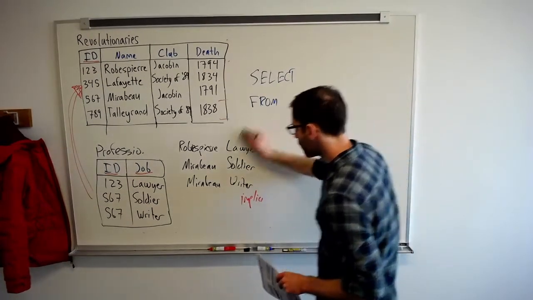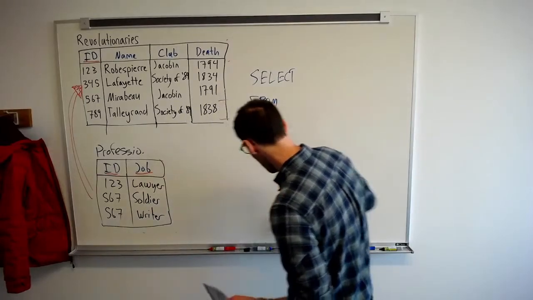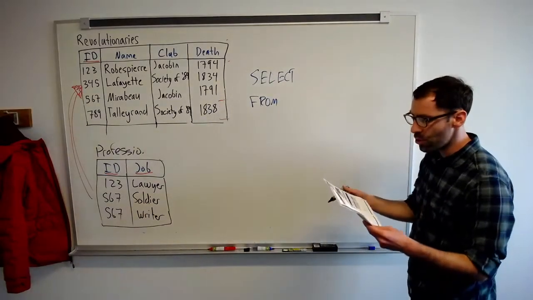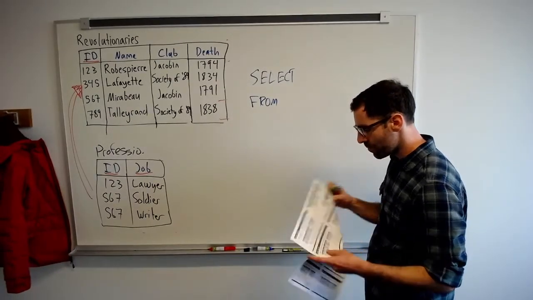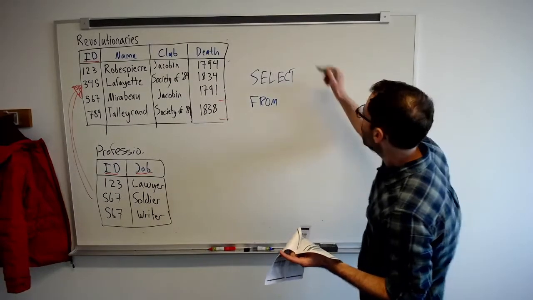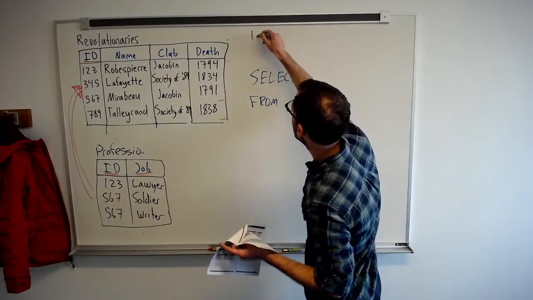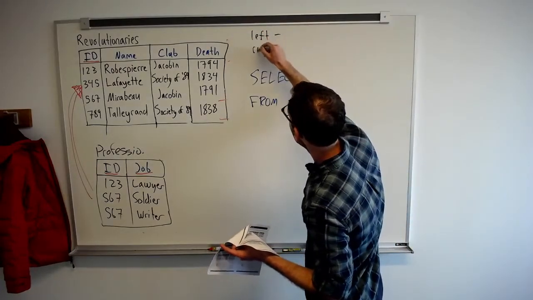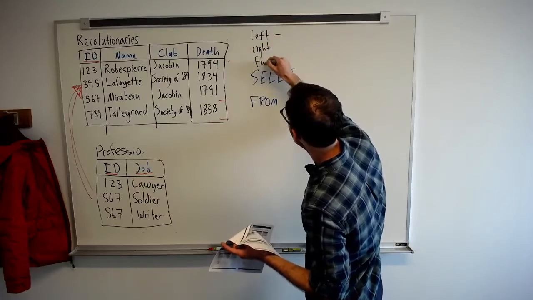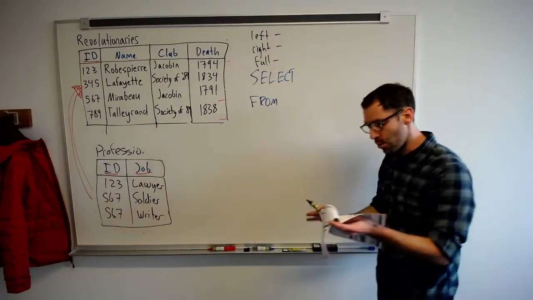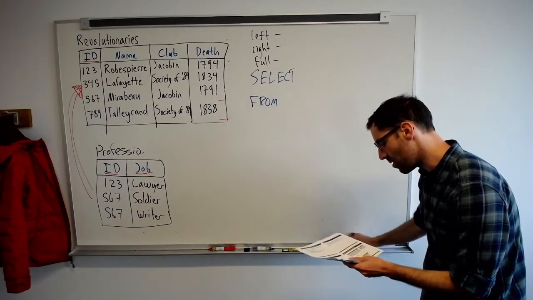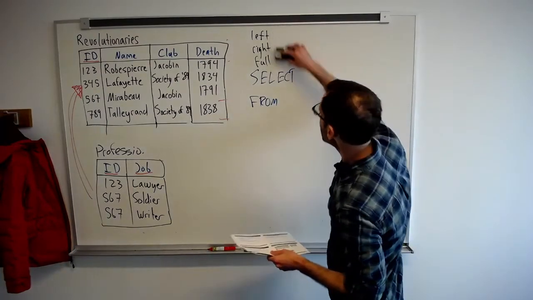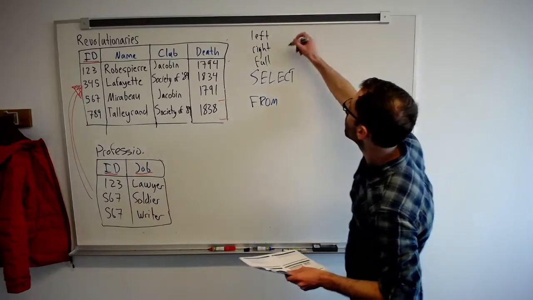So our three kinds of outer joins are left, right, and full. And I guess let me write this out so that it is clear.